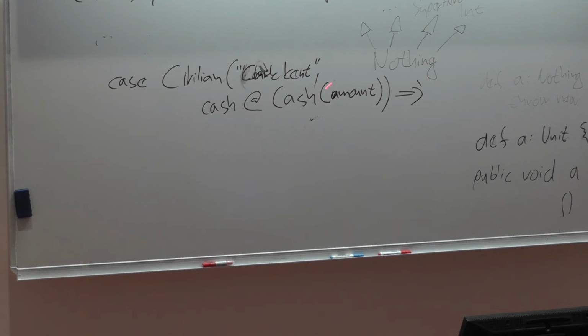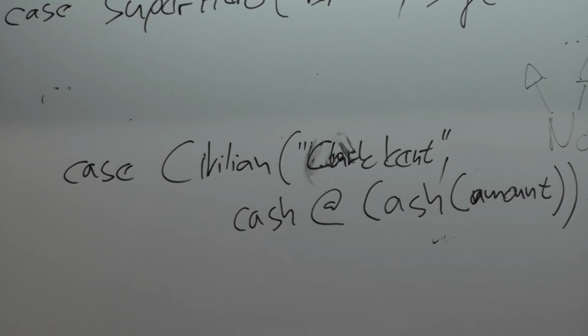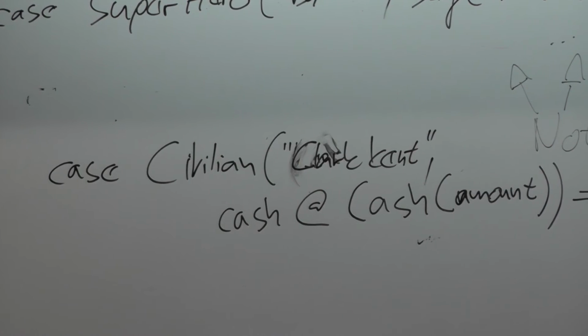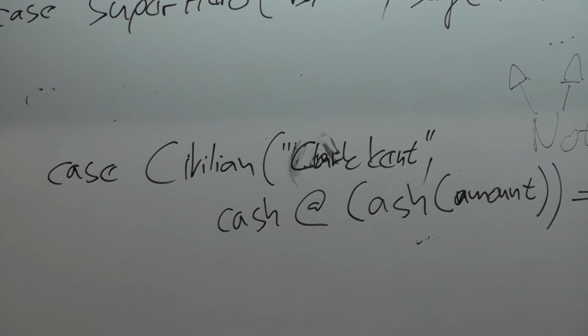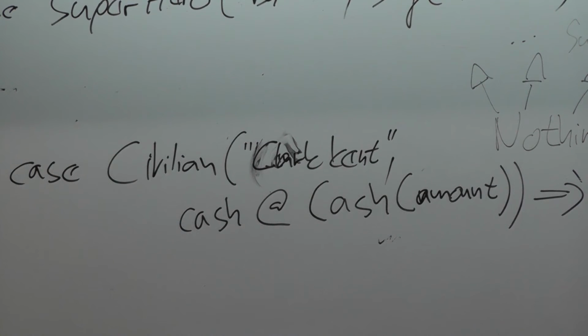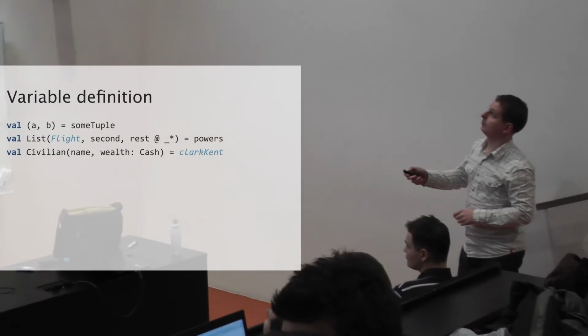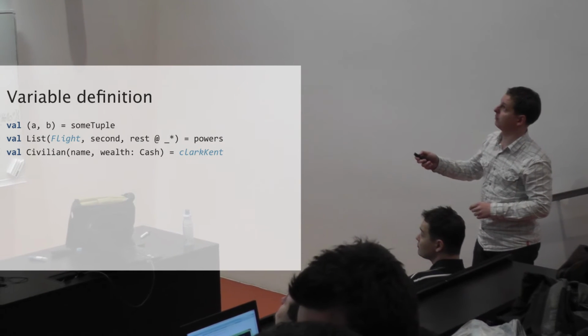So amount is of type integer, and this variable is of type cash. The whole expression is here. So this is what the at symbol is used for. And here again is a constructor pattern.